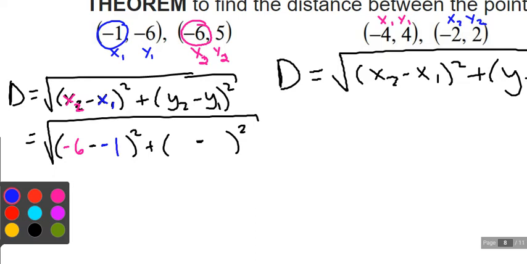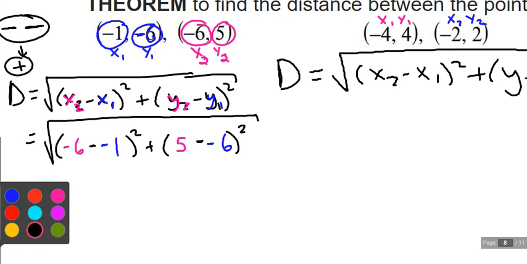Here we have a y2. That's going to be 5. And then a y1, which is going to be this guy. Again, we're going to create a double negative sign. The thing we have to keep in mind is that if we have two negatives applied in a row, that's really the same thing as just adding. That's going to be the rule.